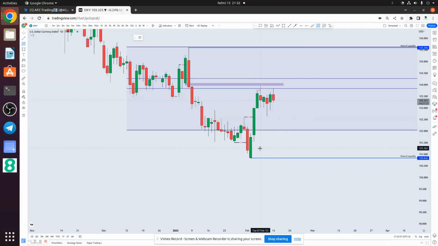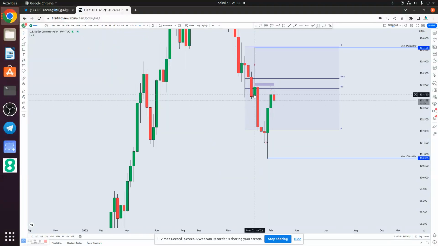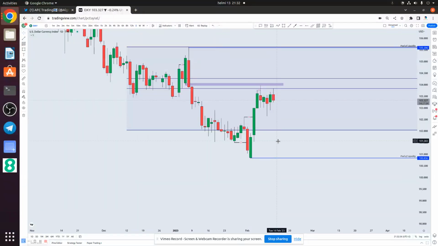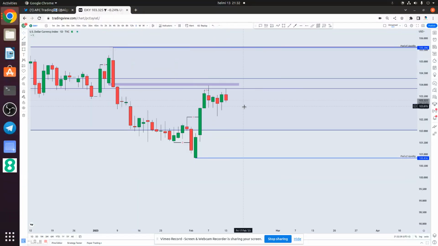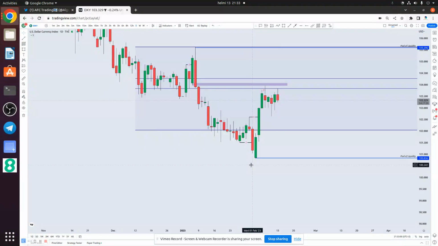I'll show you something. We need to see price breaking below here. Why? Because we have imbalance in here. We have this order block on the daily and on the weekly. Otherwise, if none of that happens, we'll just keep seeing consolidations in here.